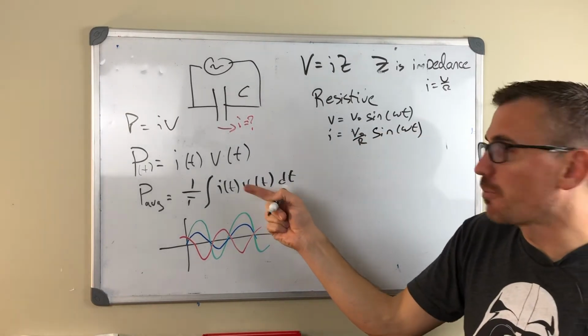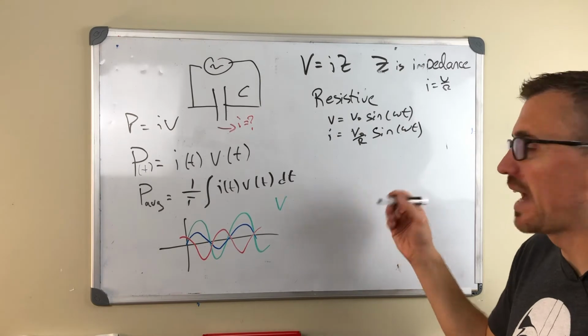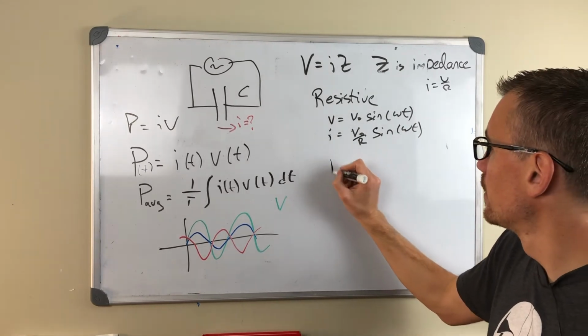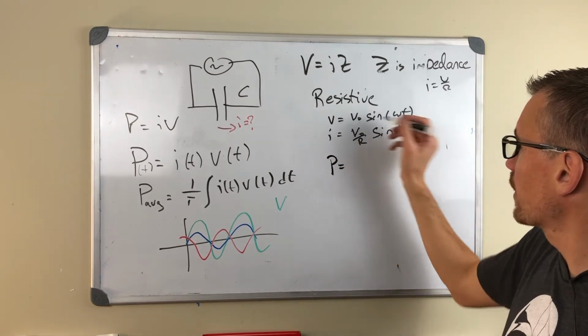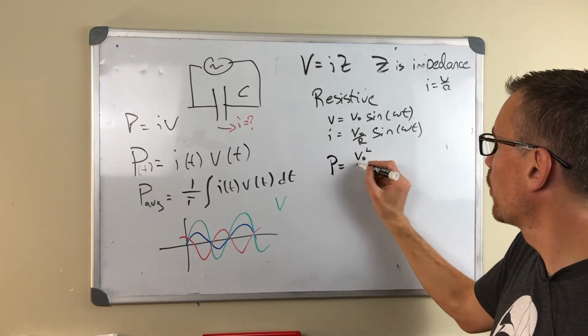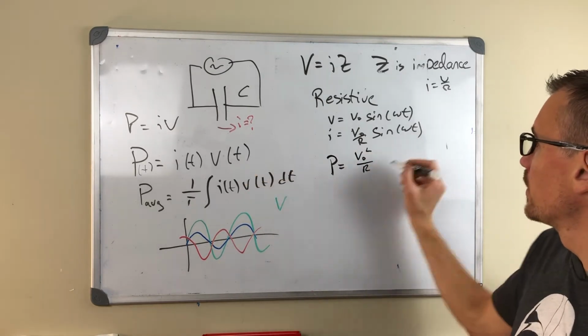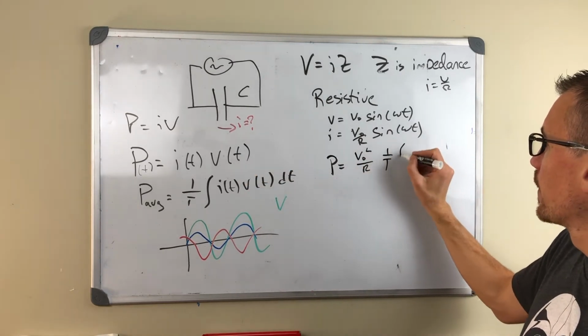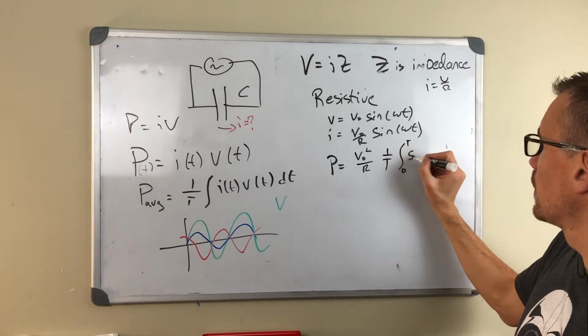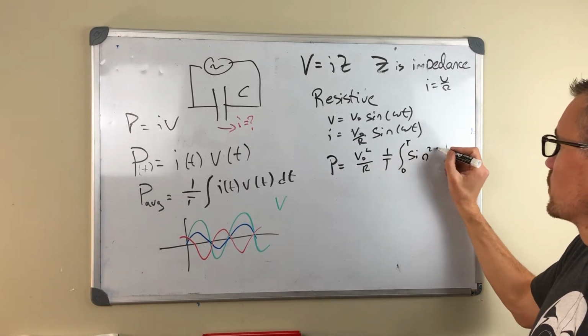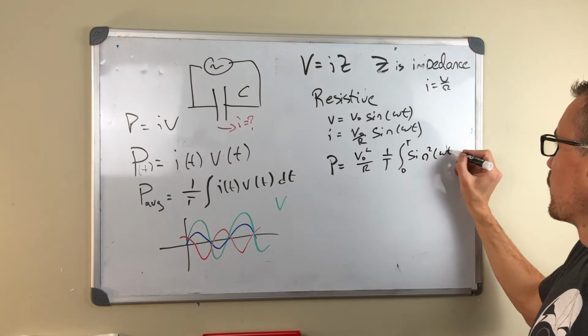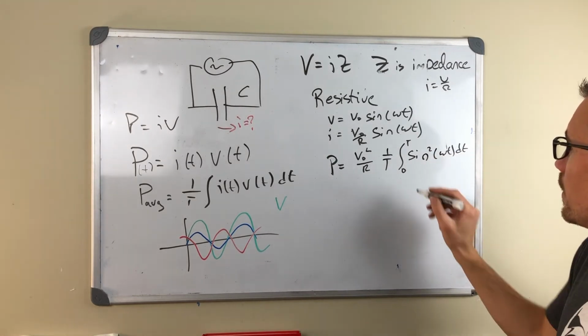Let's look at our power. How much power is our circuit dissipating on average? If we factor all this stuff out, it's V naught squared over R, and we average over a period, sine squared omega t dt.